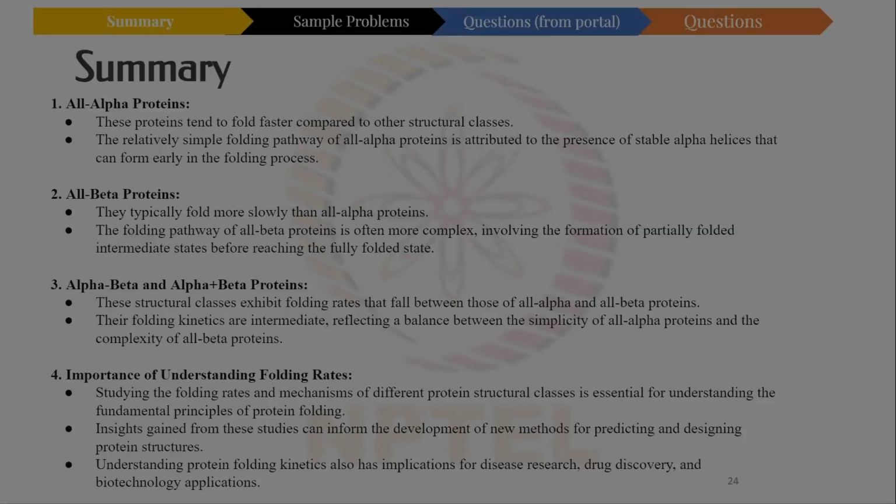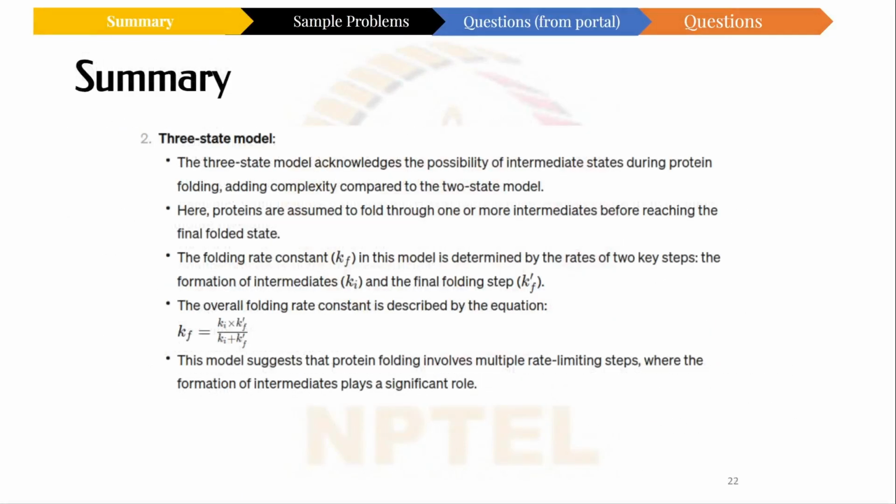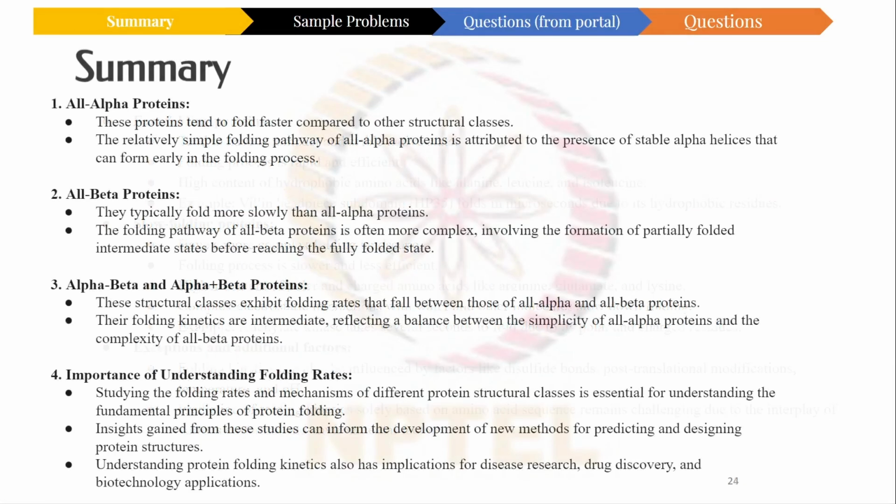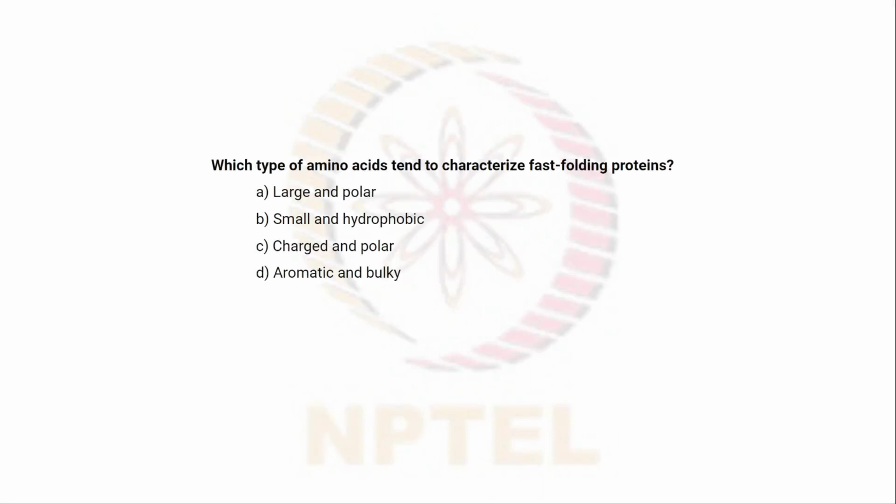So which type of amino acids? In general, fast folding proteins tend to have a high content of hydrophobic amino acids.